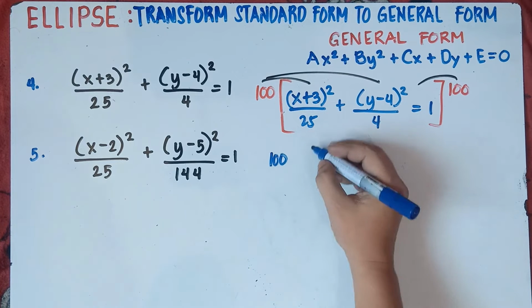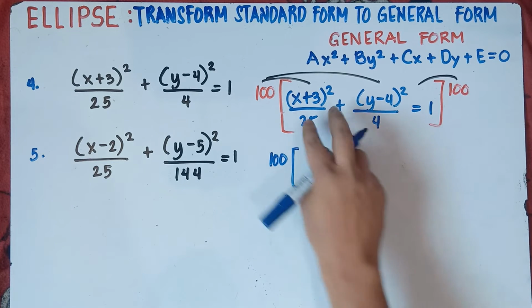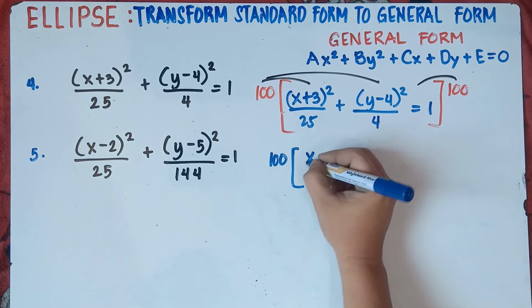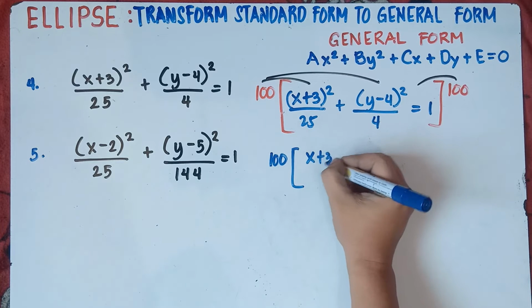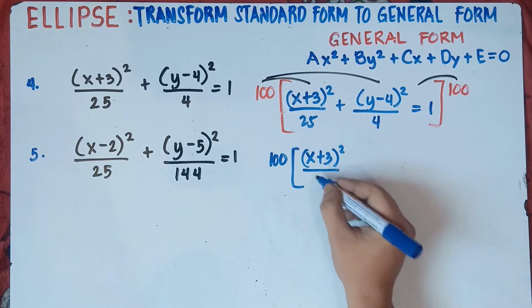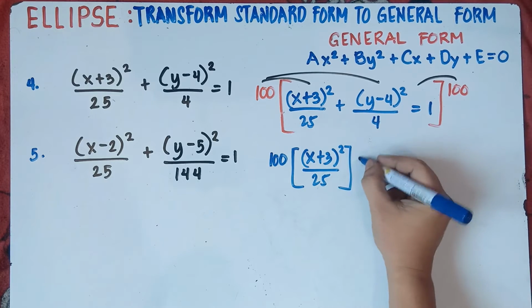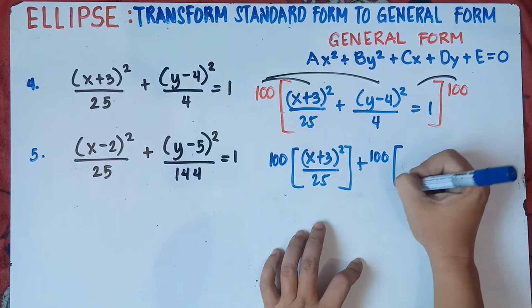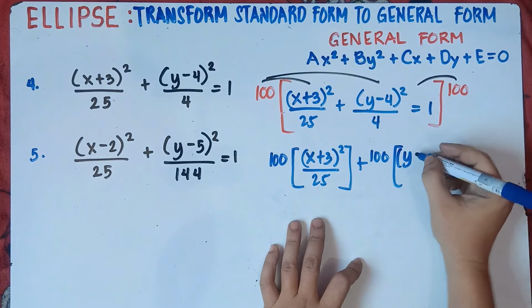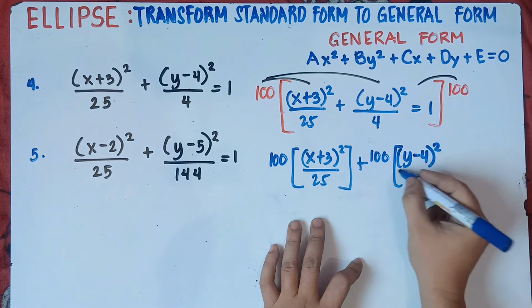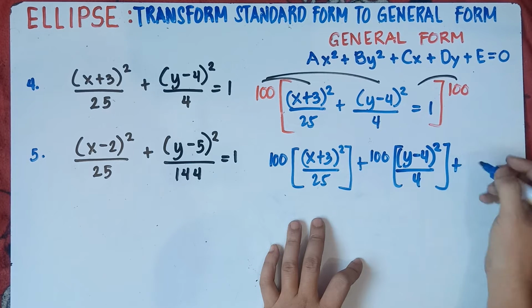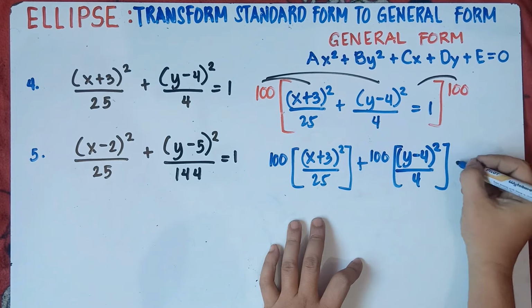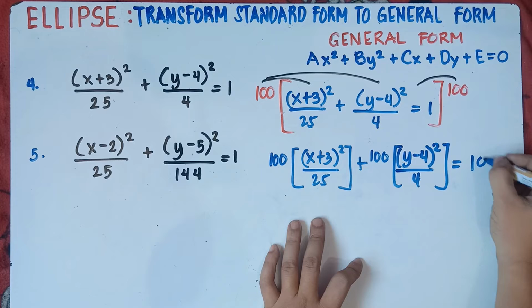I will put brackets, class, because we already have the parentheses: 100 times (x + 3) quantity squared over 25, close bracket, plus 100 times (y - 4) squared over 4, close bracket, equals 1 times 100, or 100 times 1.